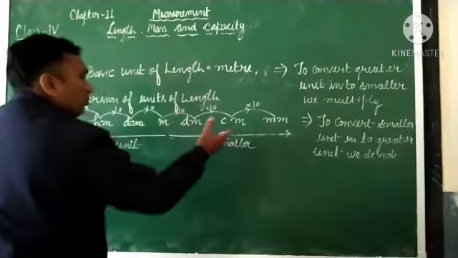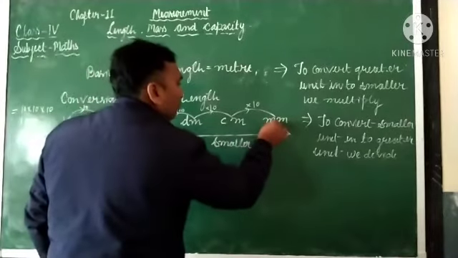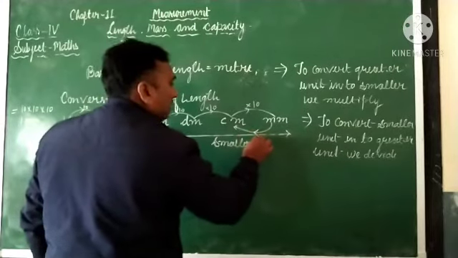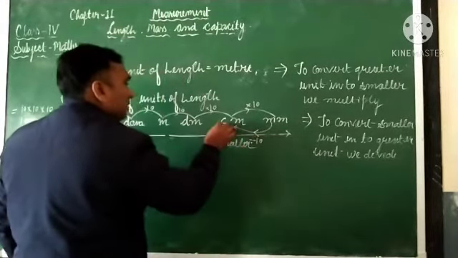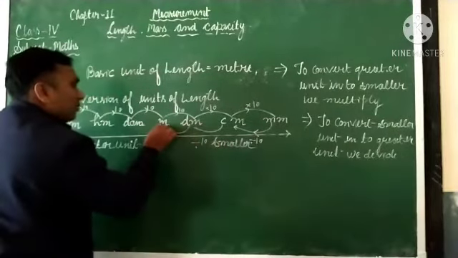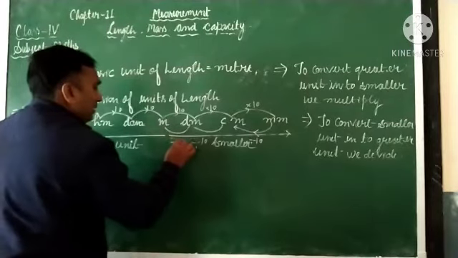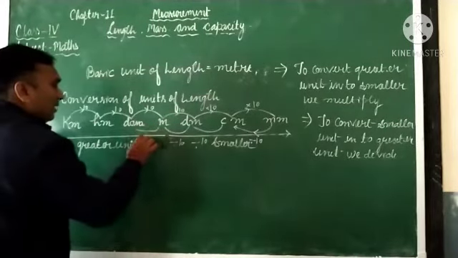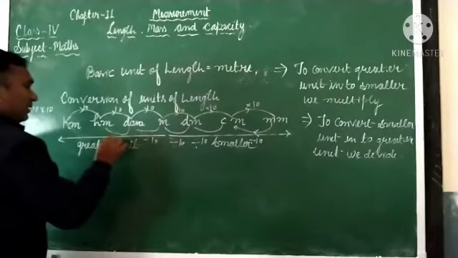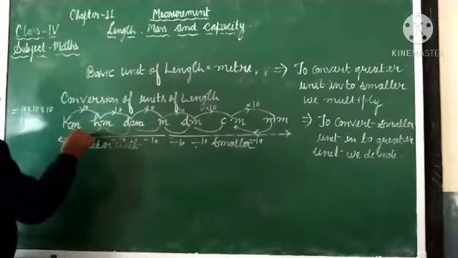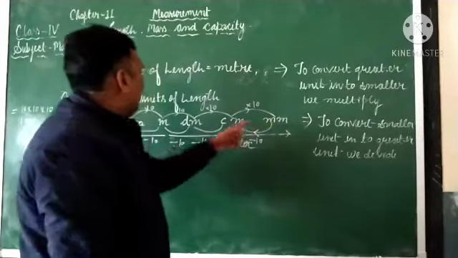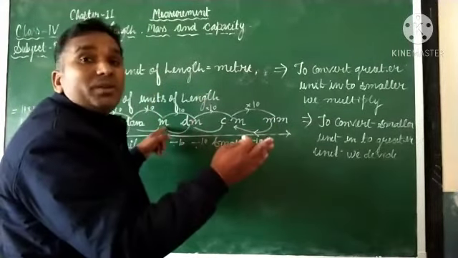If you want to go the other way, from left to right, what to do? You have to divide by 10. To convert cm into dm, divide by 10. dm into meter, divide by 10. dam into hm, divide by 10. hm into km, divide by 10. Now, if you want to convert millimeter into meter, by which number do you divide?